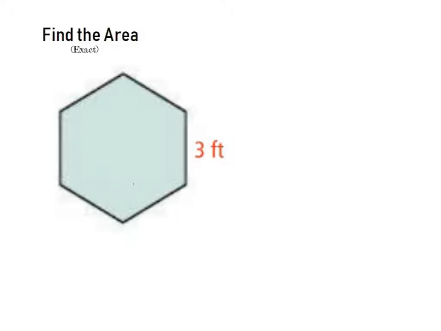But all right, so starting off, I'm going to go ahead and do my area formula. Area is equal to 1/2 the apothem times the perimeter. Looking at my picture, they don't give me the apothem at all. But they do give me a side length, which would lead me to my perimeter. That means I'm going to have to draw the triangle. So I'm going to start here with the center. I'm going to draw in a radius, and then I'm going to draw in another radius.